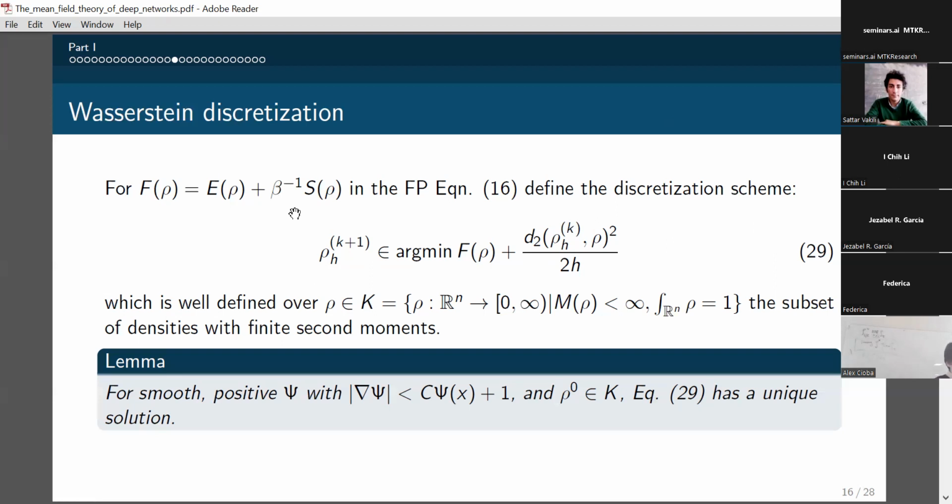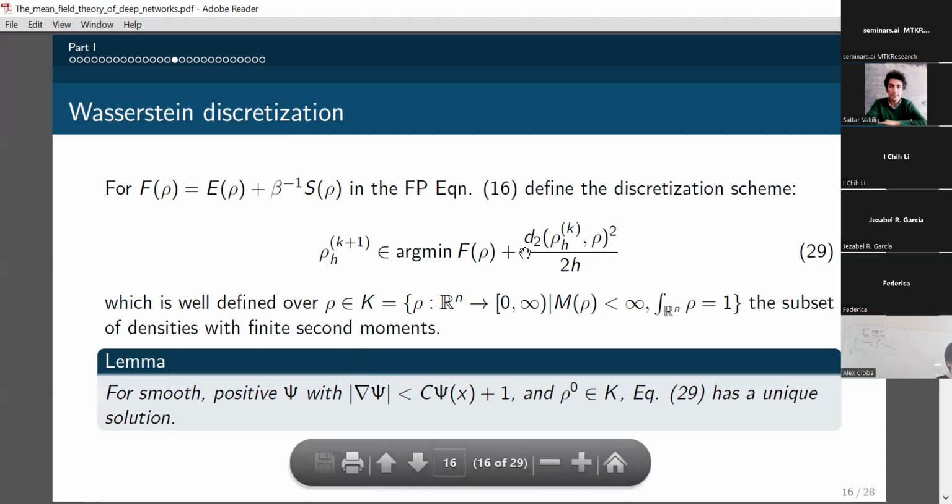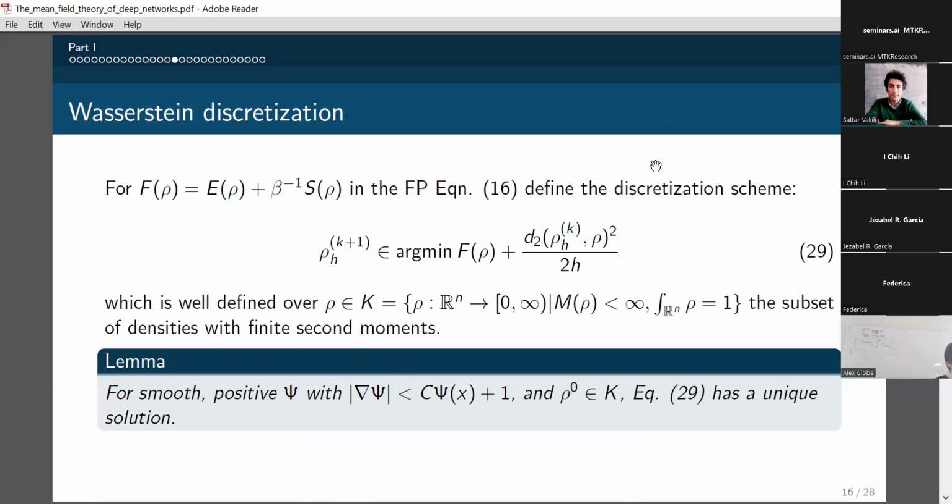But for the Wasserstein distance in particular, it is, under mild assumptions on the potential, and we're going to use this fact to show that when you iterate through this scheme, you get something very closely resembling gradient descent on the Wasserstein distance, and furthermore, its solutions will recover the Fokker-Planck equation.